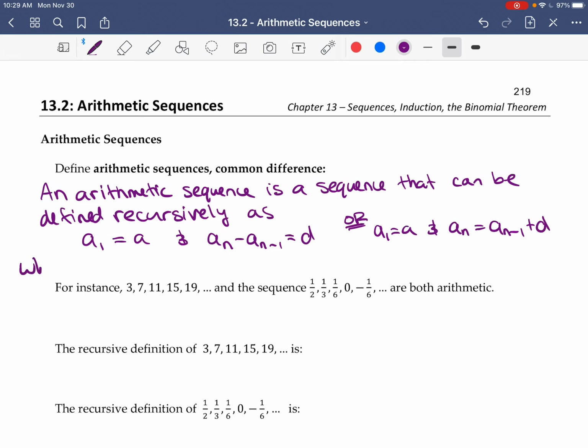Okay, where D is a constant known as the common difference.